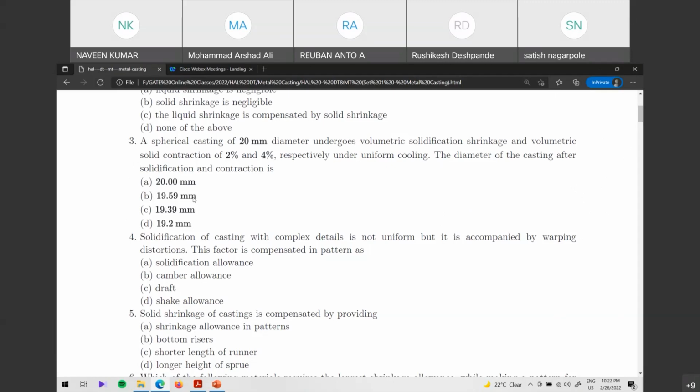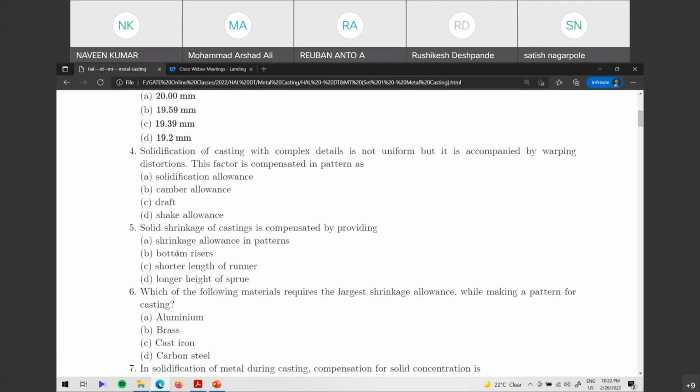Answer is B. Right. What about the next one? Fourth one, question fourth one.